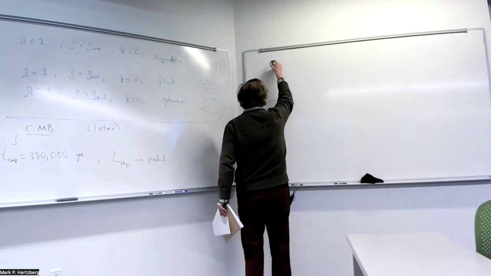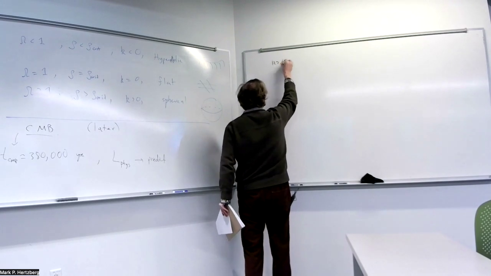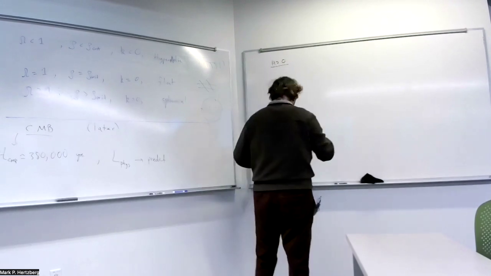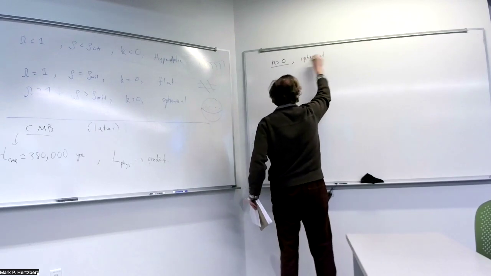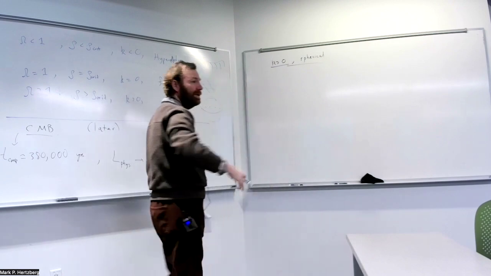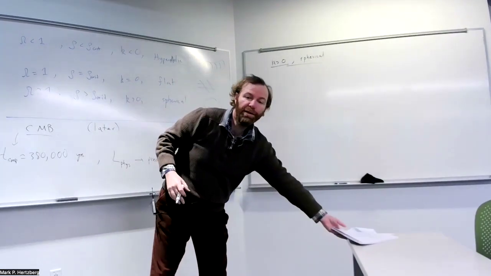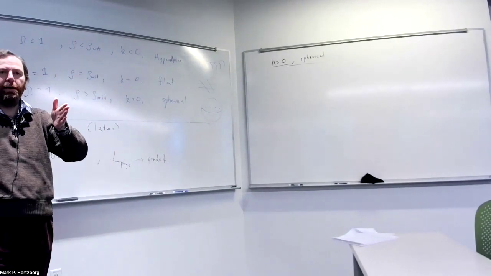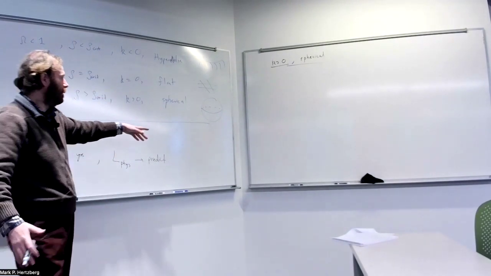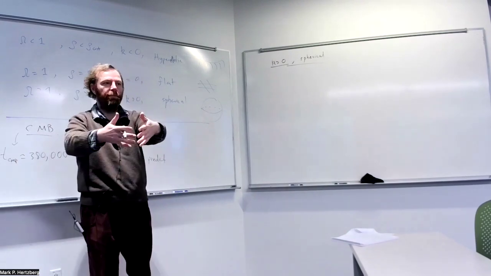So let's say we'll start with positive curvature, things being spherical. So you're living on a spherical universe. When you're on a sphere, even if you start with parallel lines, they go out and tend to converge. So there's focusing.